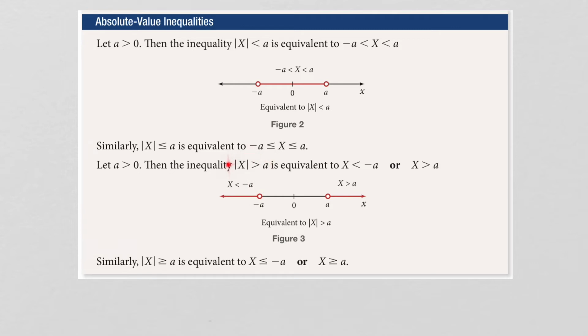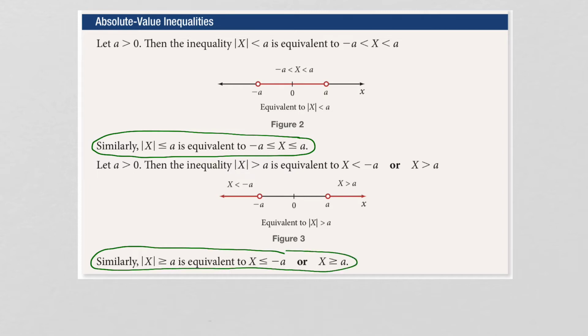So the equivalent expressions for absolute value of x is greater than a is x can either be less than negative a, or it can be greater than positive a. And then they do mention that if you have an equal sign included with your inequality, you basically set it up the exact same way, but you have to make sure you put equal signs when you set it up.